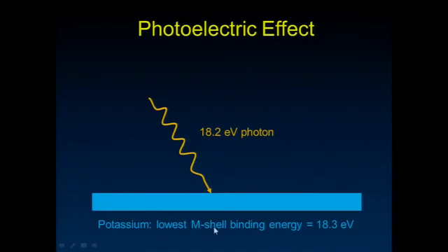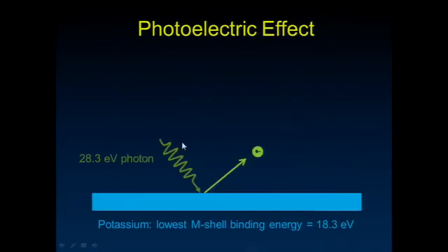The M-shell binding energy of potassium, the lowest energy at which any of its electrons are bound, is 18.3 electron volts. And you can beat potassium all day long with multiple 18.2 eV photons, okay? Multiple ones. They never add up together like waves might and knock out one of these electrons from their shell.